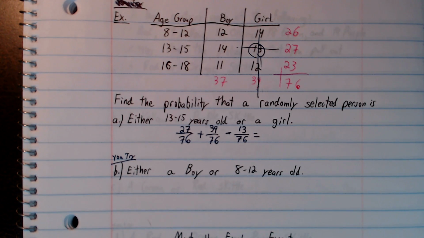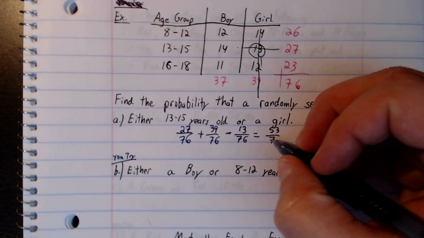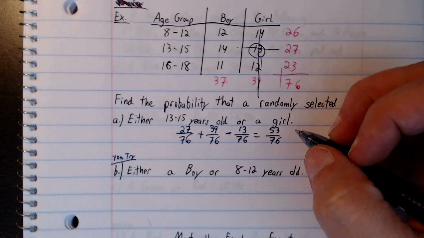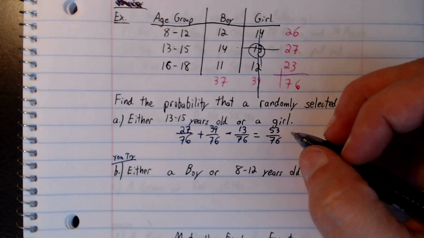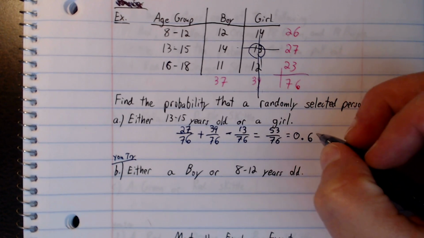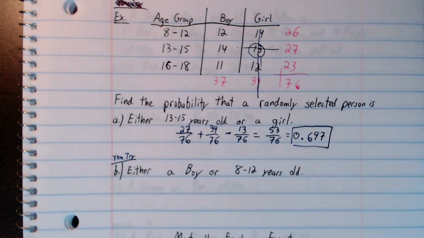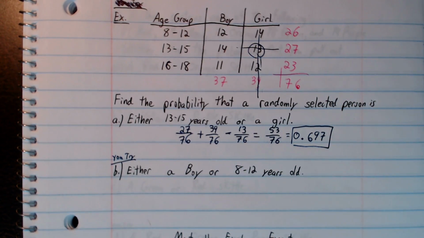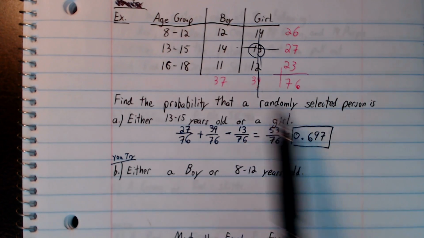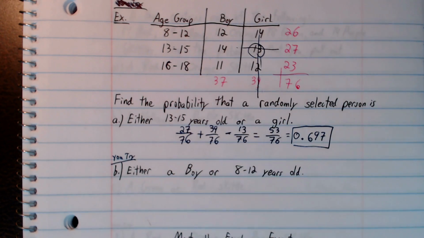Alright, so if we were to add 27 plus 39 minus 13, we get 53 over 76. 53 over 76 to 3 decimal places is 0.697. So that's a very high probability of pulling out one of these randomly selected either from that age group or happen to be a girl.